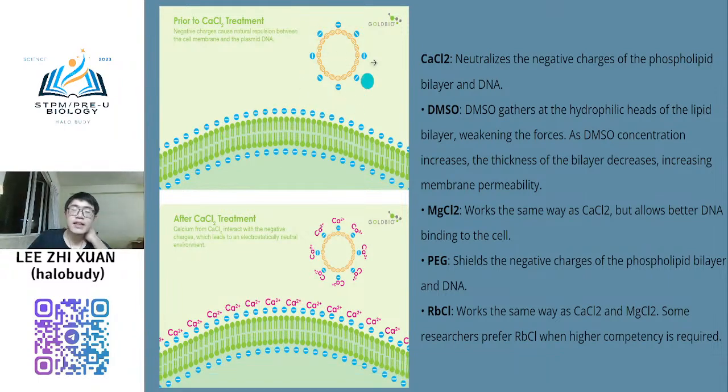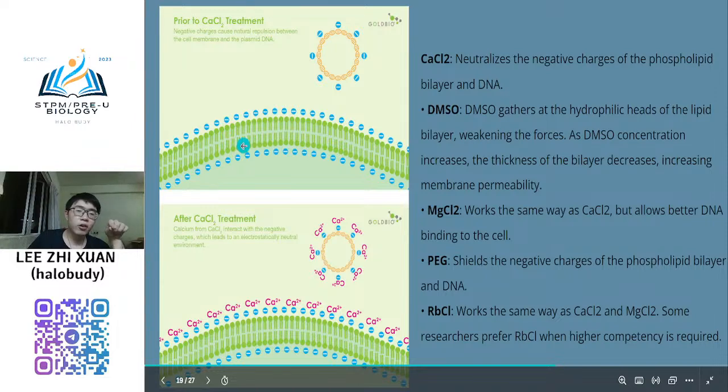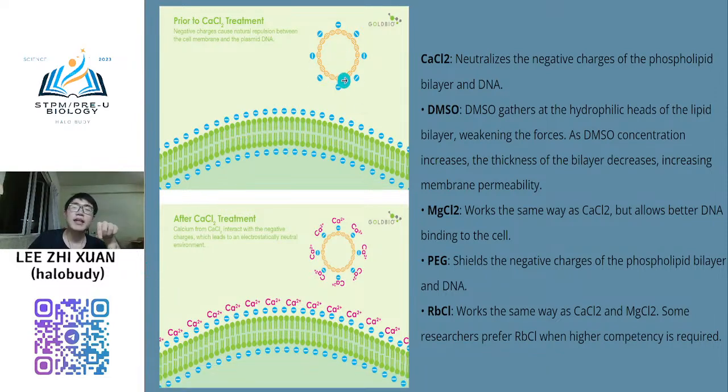We know that DNA carries a negative charge, and the phospholipid also carries a negative charge. So once the calcium chloride enters this region, the calcium ion will interact with the negatively charged molecules, making the plasma membrane and the DNA a neutral environment.